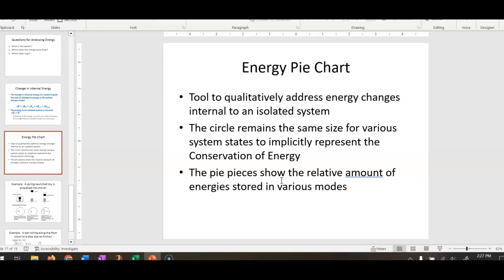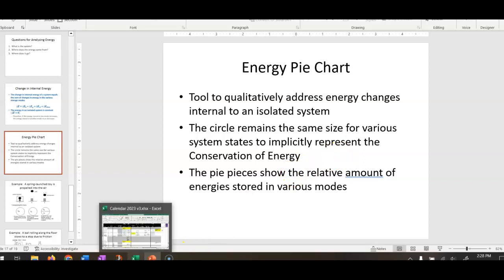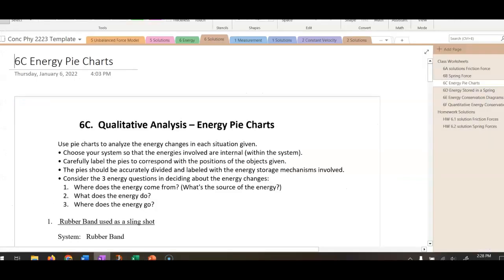It's not created or destroyed, and if there are no transfers of energy into or out of the system, then the amount of energy stays the same, but the pieces of the pie might change size because energy may move from one type of storage mode to another. So I'm going to go to worksheet 6C and do a couple of examples here.